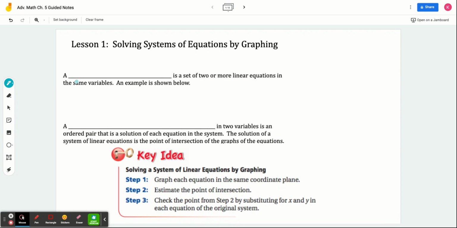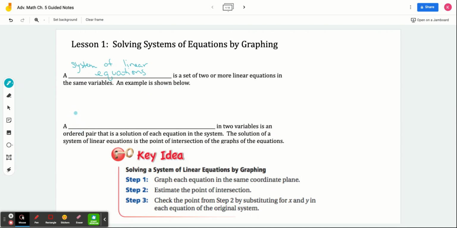A system of linear equations is a set of two or more linear equations in the same variables. An example will be shown on the next slide.